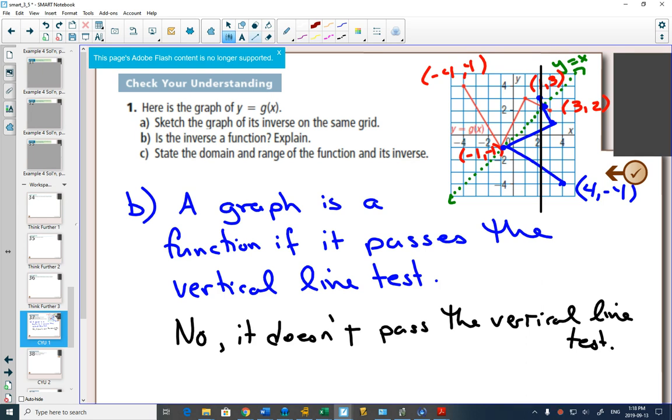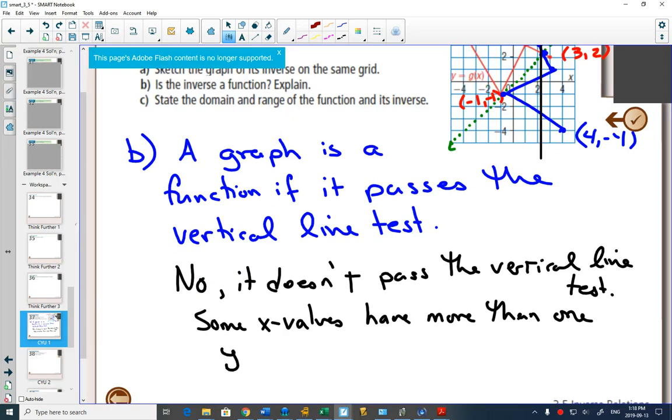And what that means is some x values have more than one y value. That's really what makes something not a function.